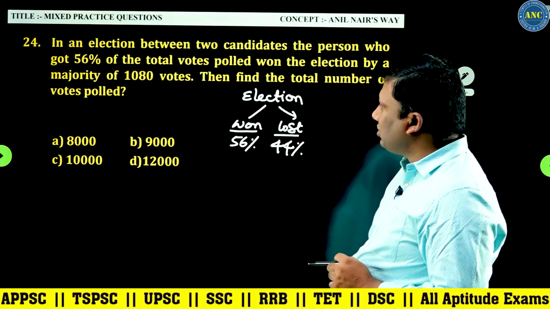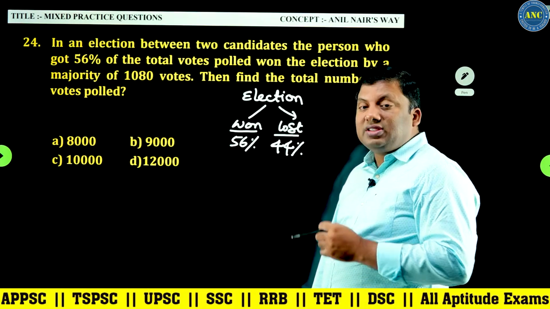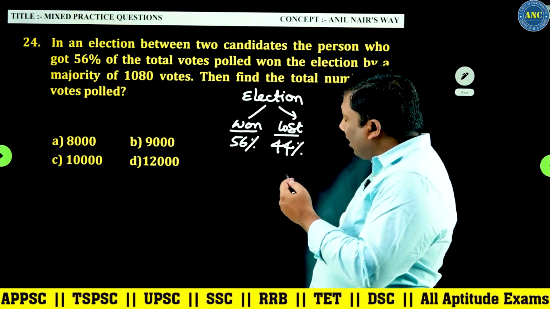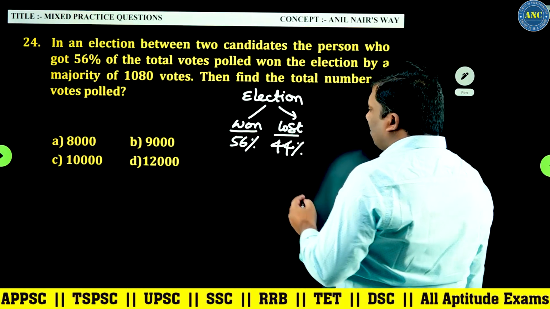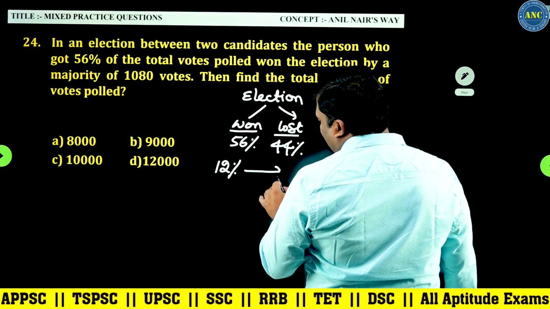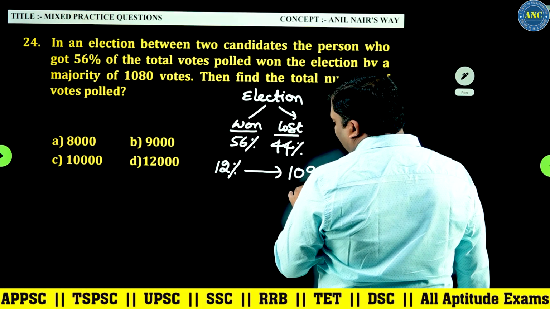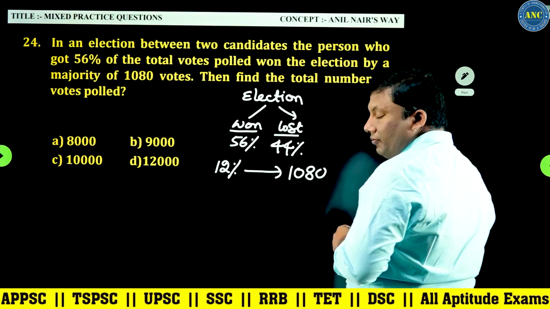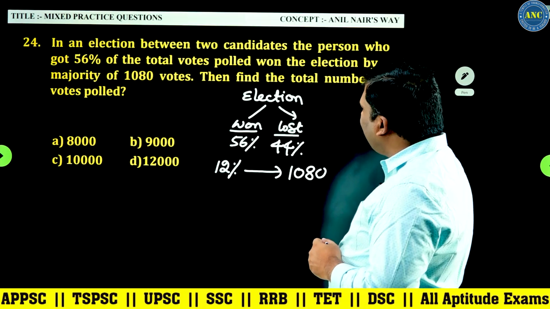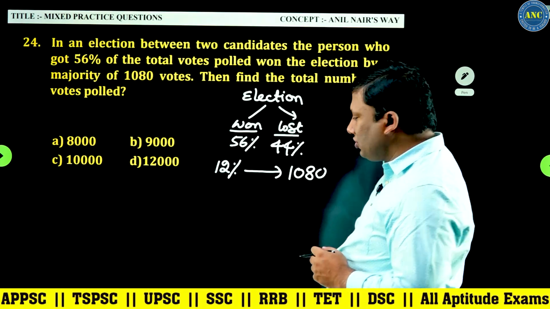What is the majority by which the winner is ahead? 12%. According to the question, 12% is giving you 1080. Find the total number of votes polled.